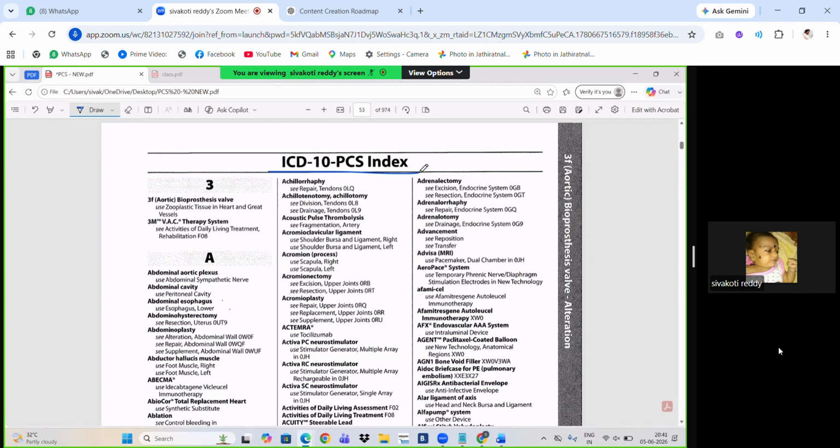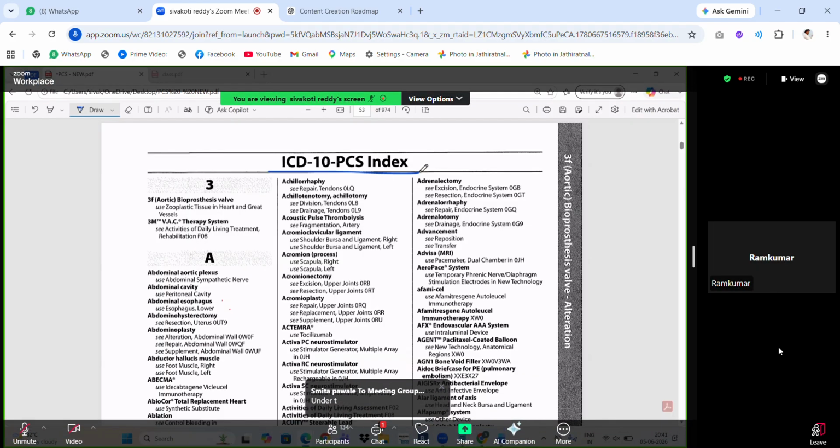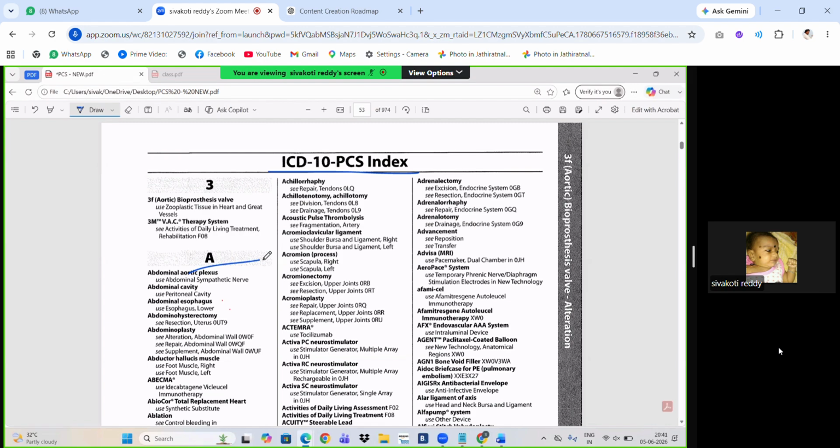Suppose they did transplantation, where do you need to check? Under T series, right? Under TRA you need to go. If you check in the A series, you don't get anything. Which procedure they gave, that particular heading you need to go to first.